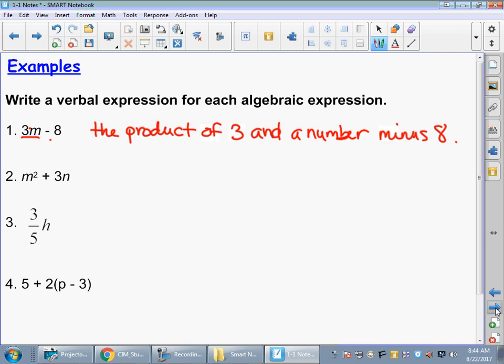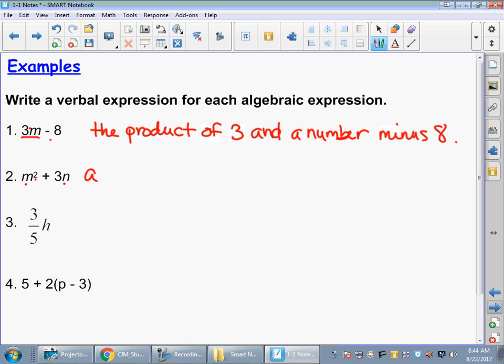That's one of them. For number 2, we got that squared, so we're going to say a number squared, and then we have a different variable. I have m and n in here. So I'm going to say a number, but then to reference that I'm not talking about m anymore, I'm talking about n, I'm going to say, for the 3, 3 times a different number. So I just need to make a difference between those.